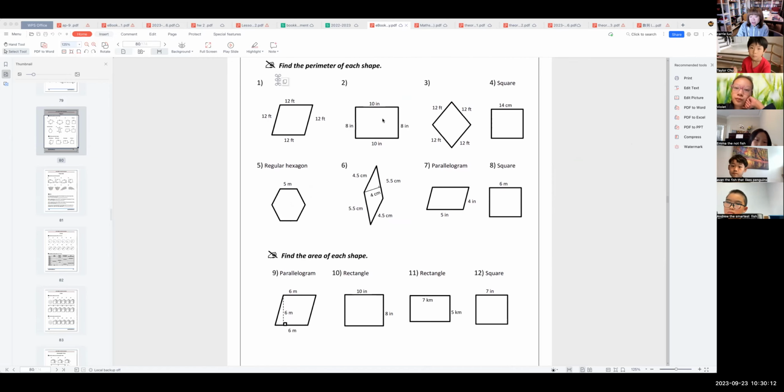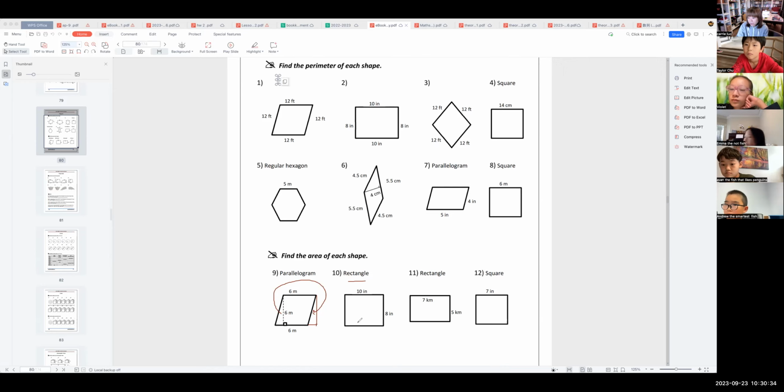Do you still remember how to calculate the area of a rectangle? It's just the length times the width, right? It's easy. But today we're going to learn the new thing. It's called a parallelogram, okay? So parallelogram, if you move this one here, is it just a square?